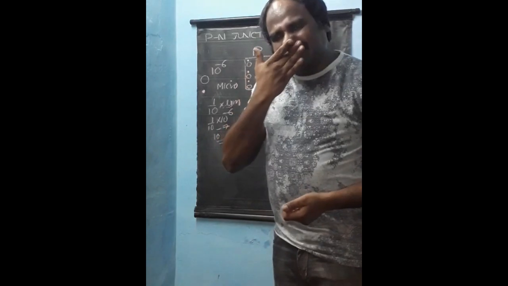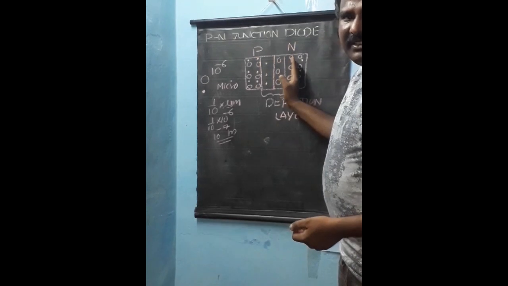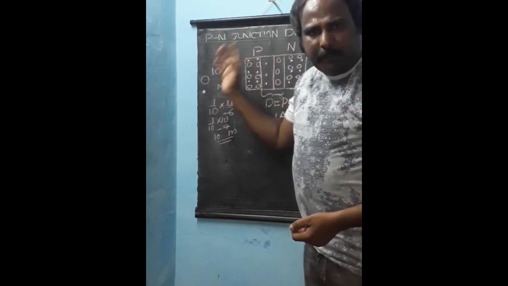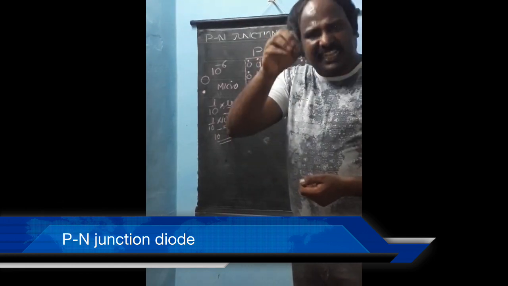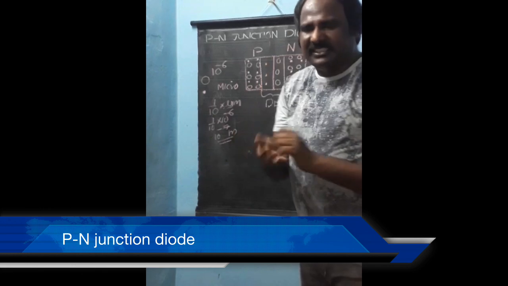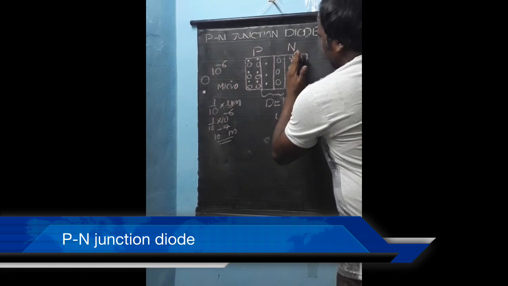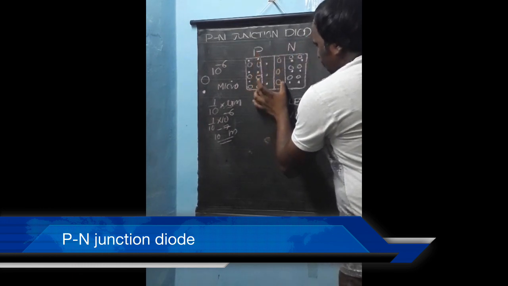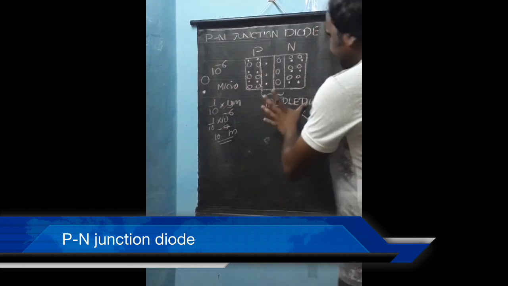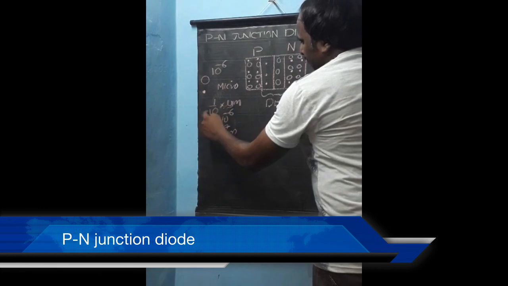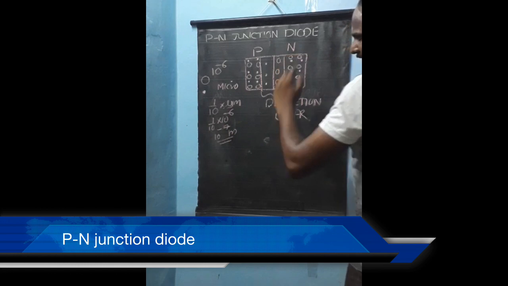Up to now, holes from P diffuse into N, and electrons from N diffuse into P. Such a process is called diffusion, and the current produced is called diffusion current. During this process, holes from P move towards N and electrons from N move towards P and form a small region called the depletion layer. Its width is 1/10th of a micrometer, which is 10 power minus 7 meters.